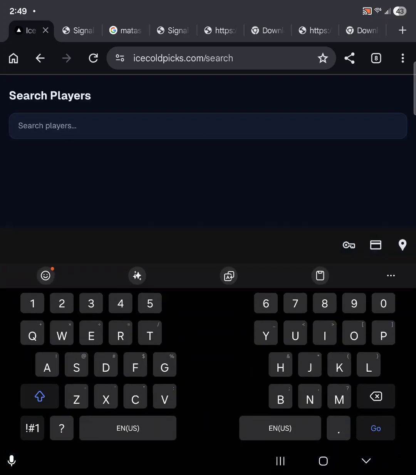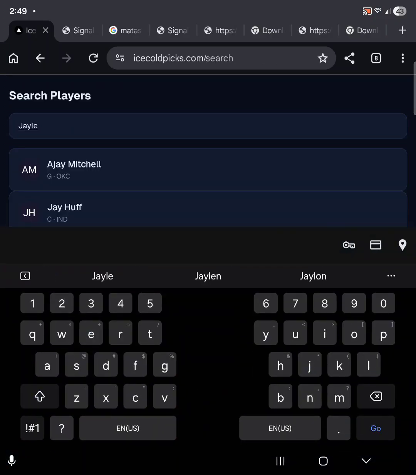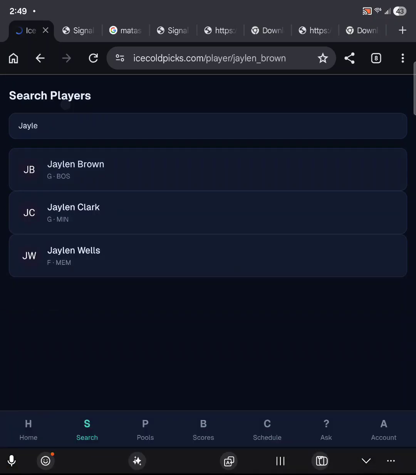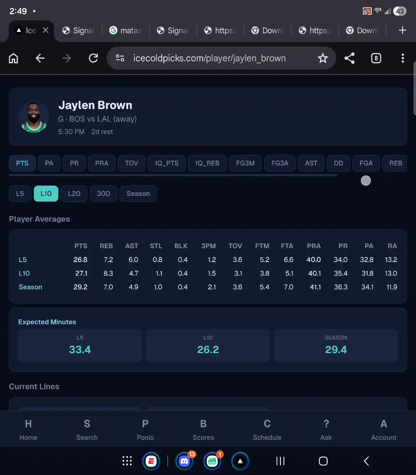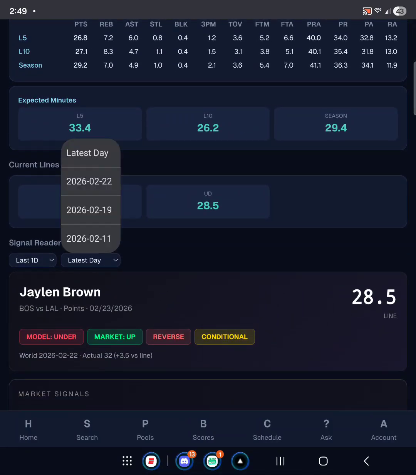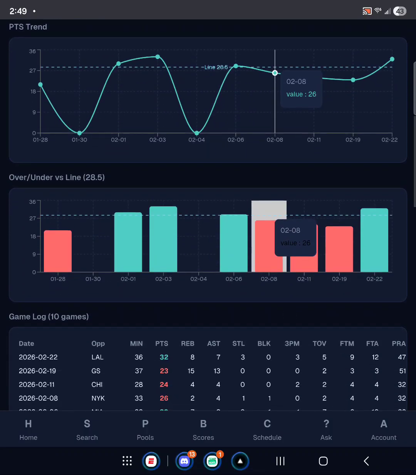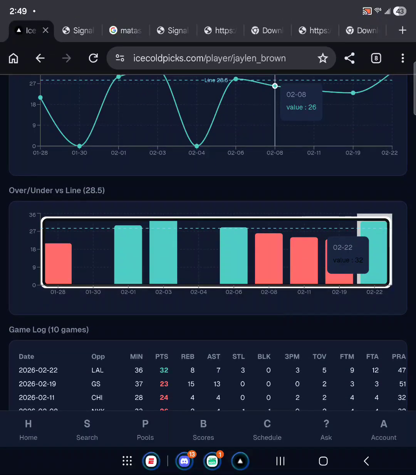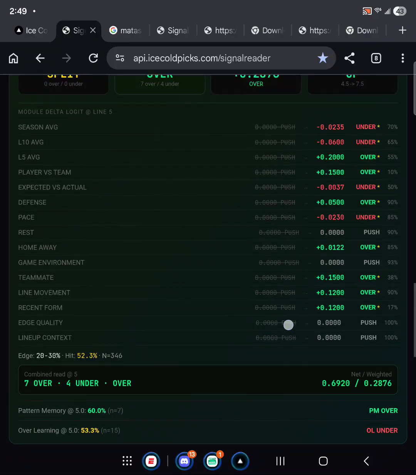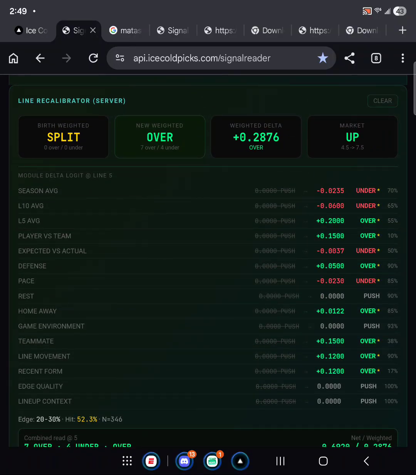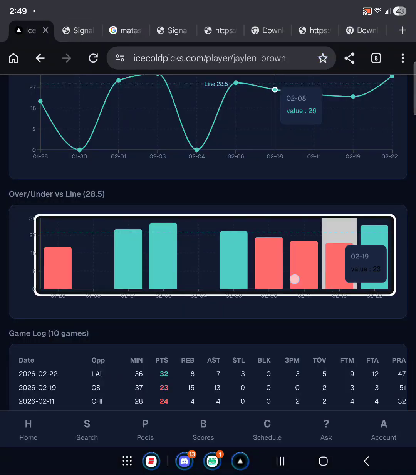You could type Jaylen Brown. I'm gonna come over here and we're gonna filter for that day. So you actually see why his last 10 was kind of below. If you go over here, last 10 below, 1, 2, 3.